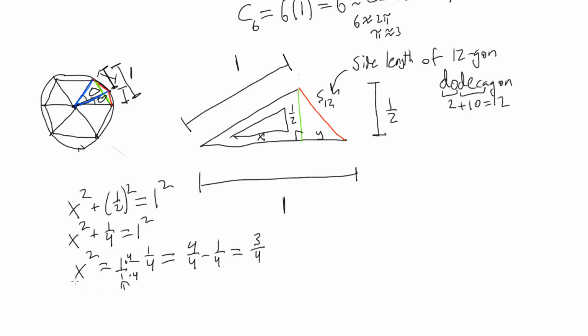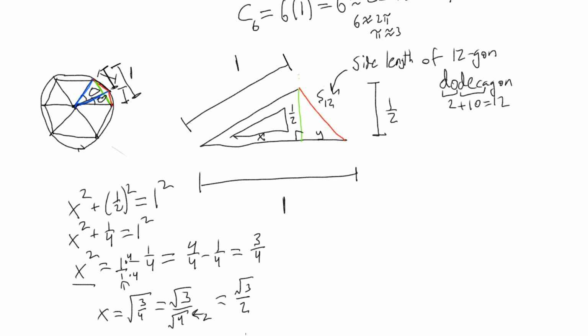So then, if I want to get x, I just take the square root. So x is the square root of 3 over 4. But I can break this up as root 3 over root 4. And root 4 is just 2. So we just get root 3 over 2.